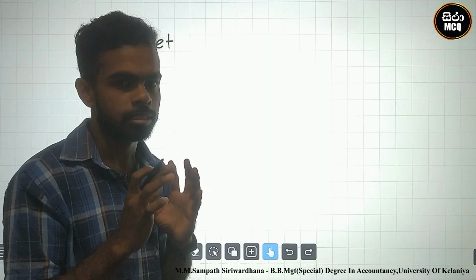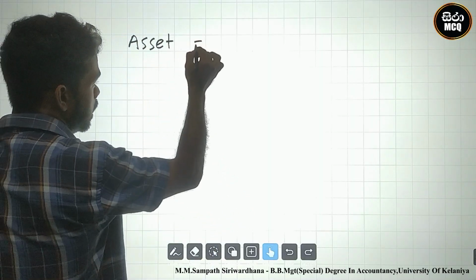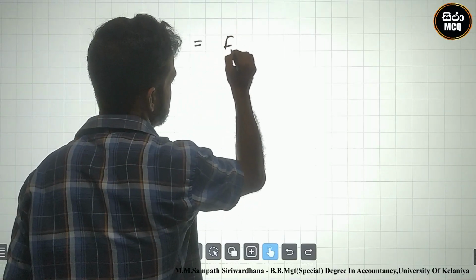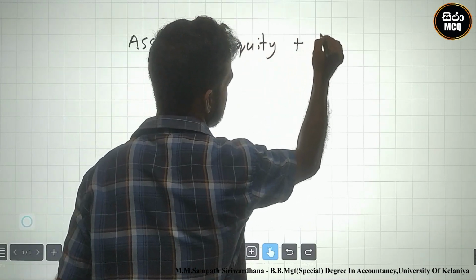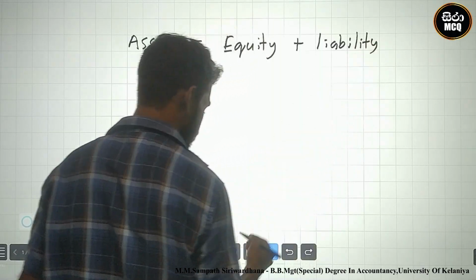This is the explanation to identify assets, equity plus liability. Immediately I prepare this one.